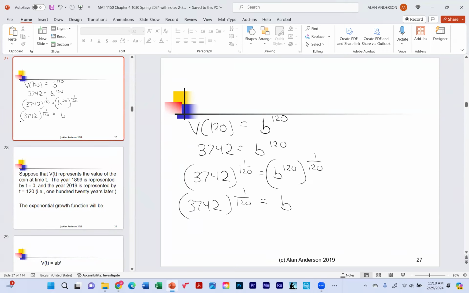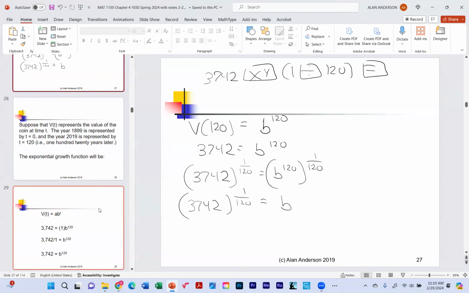So you're going to go to your calculator and raise this to the 1/120 power. And you're actually going to get 1 plus the growth rate, 3742 raised to the 1/120 power is, oh, I think I made a typo.